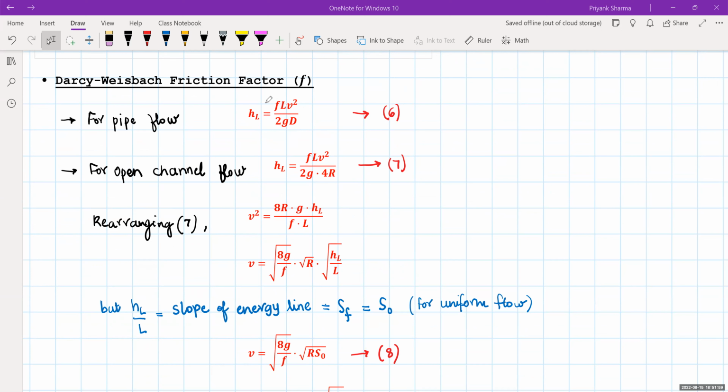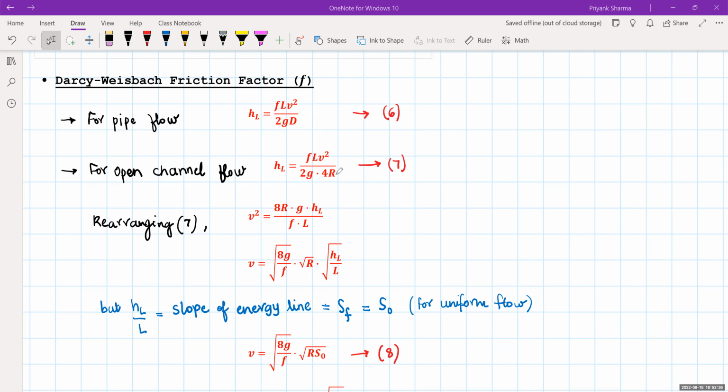Now, since we have already discussed that in case of open channel, you have the relationship between the diameter, that is a characteristic, so R is equal to D by 4, so D is equal to 4R. So for the open channel flow, the same equation is modified as FL V square upon 2G into 4R.